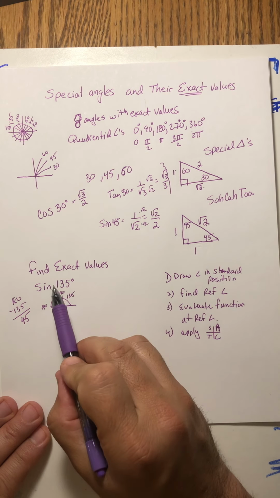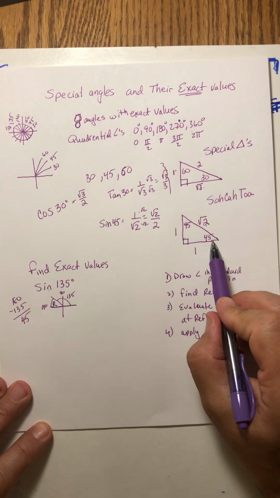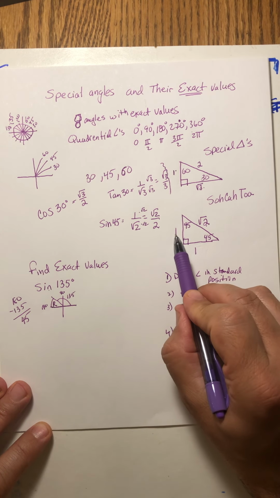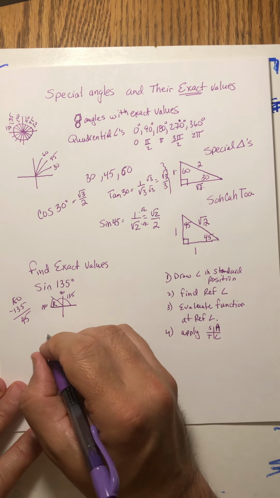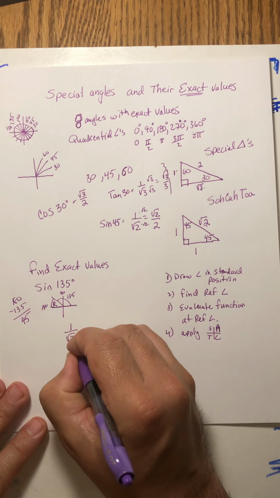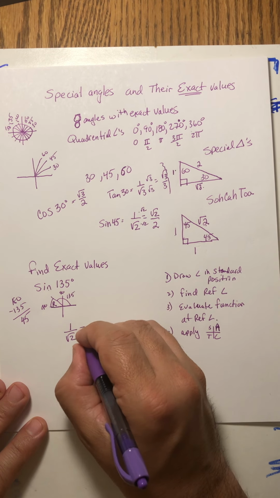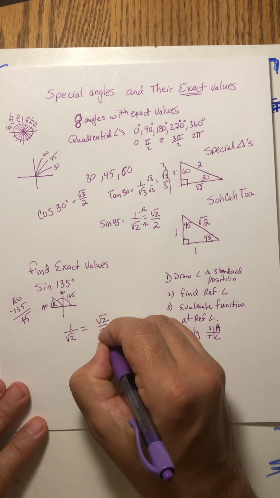So we're looking at the sine of 45. Sine is 1 over radical 2. I don't want 1 over radical 2. I want you to rationalize, so this becomes radical 2 over 2.